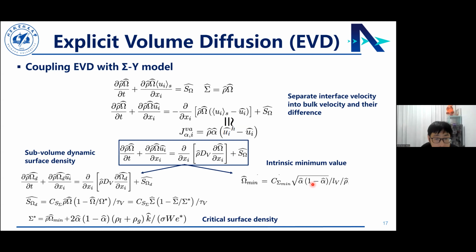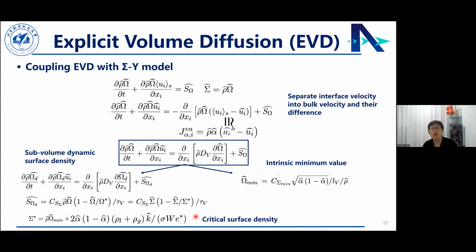The key thing is the source term, and this source term has the physical meaning of interface increase and decrease due to breakup and coalescence. It is modeled by introducing a critical surface density, and this critical surface density is related to a critical Weber number.